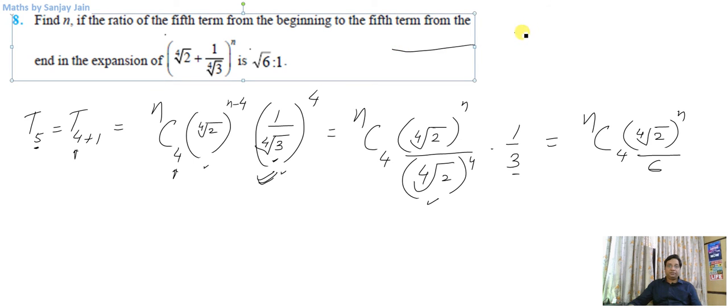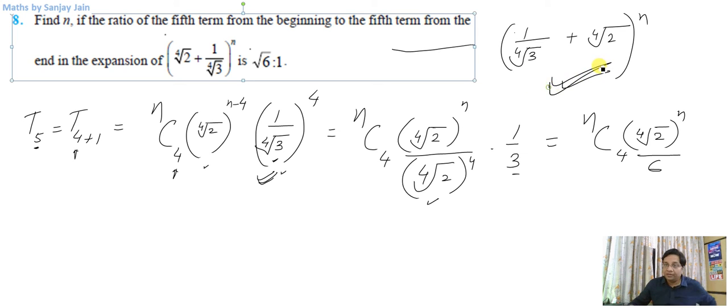Okay, so this is the fifth term from the beginning, and the fifth term from the end of this expression will be nothing but the fifth term from the beginning of this flipped expression, which will be like this. If I expand this, the fifth term from the beginning of this expansion will be the fifth term from the end of the given expression.